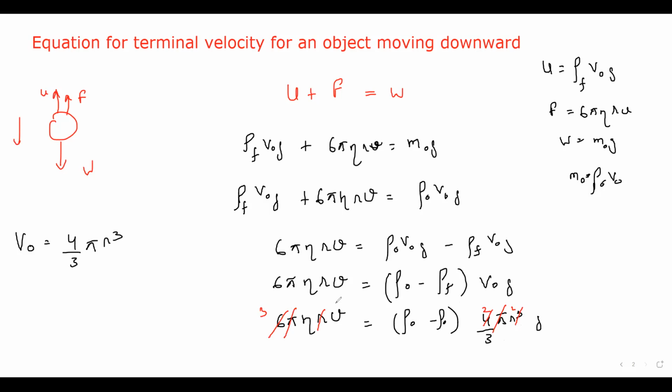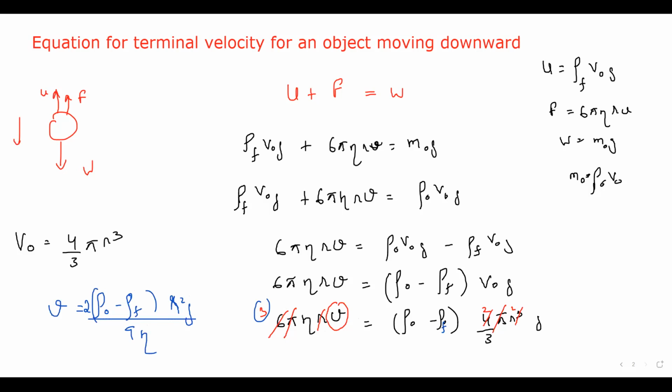And when we solve for the terminal velocity, with v as the subject, the final answer is terminal velocity equals 2 times the difference in the density of object and fluid, times r squared g, divided by 9 eta, because 3 is multiplied by 3 and viscosity is left as eta.